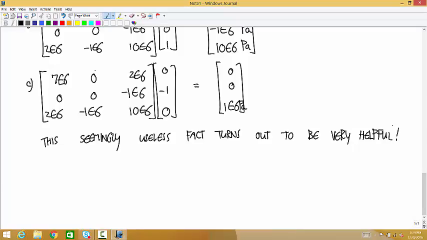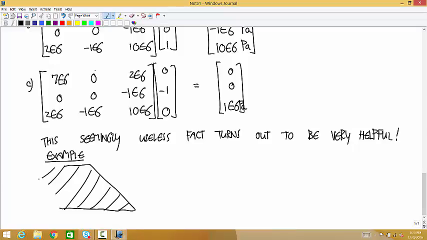Okay, so let's say that we have example 1. Say that we have a material like this. This is all solid, and it goes off into the distance.